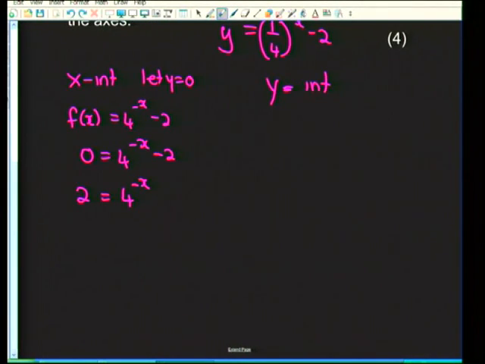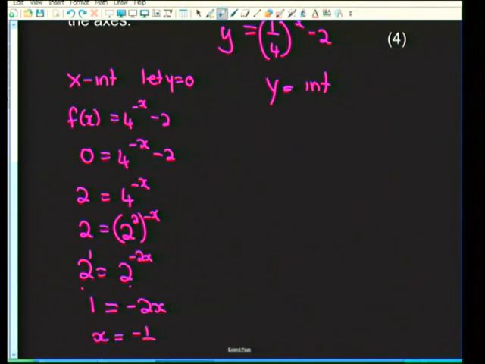And we know that in order to solve this, we have to have the bases the same. So 2 is equal to 2 squared to the minus x. So 2 equals 2 to the minus 2x. Now we know at this stage the base is the same, so we can equate the exponents. So 1 is equal to minus 2x, and so x is equal to minus a half. So we have a coordinate minus a half, 0.